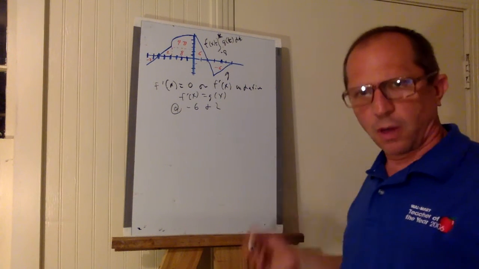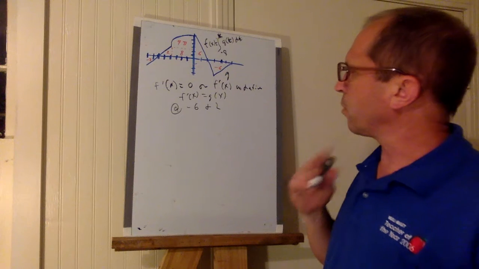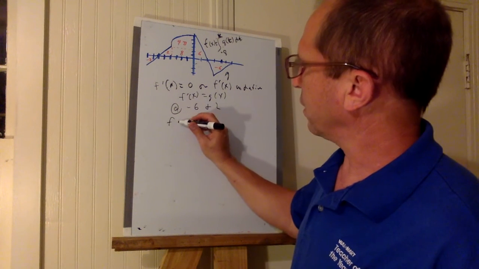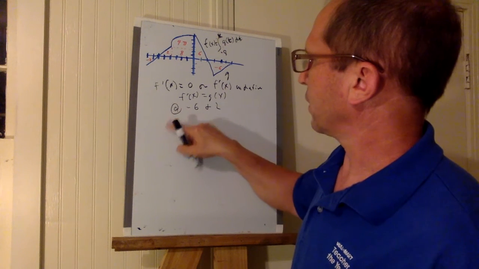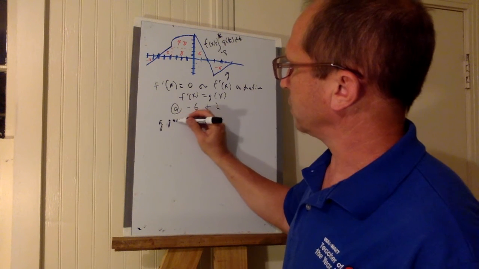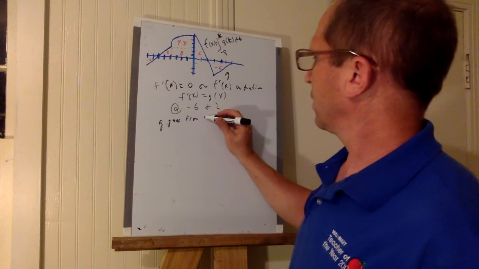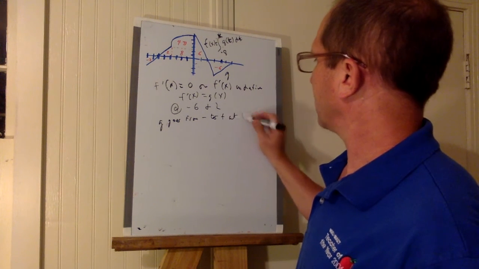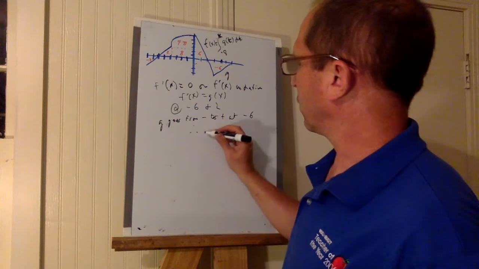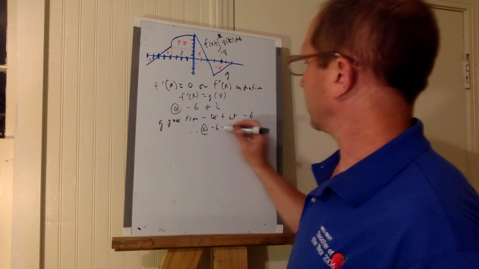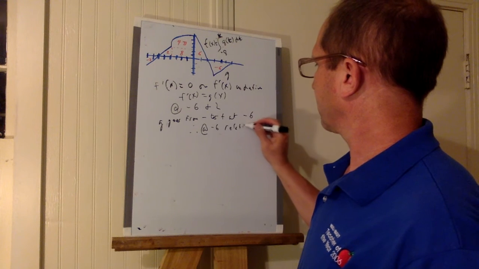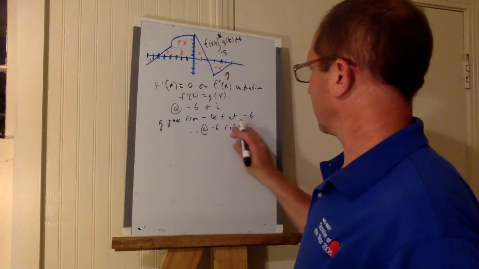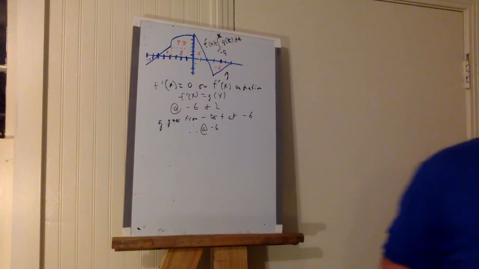Now let's explain about the local minimum and local maximum in more detail. Okay, so g goes from negative to positive at negative 6. Therefore, at negative 6, we have a relative or local, I think they refer to them as local in this problem.